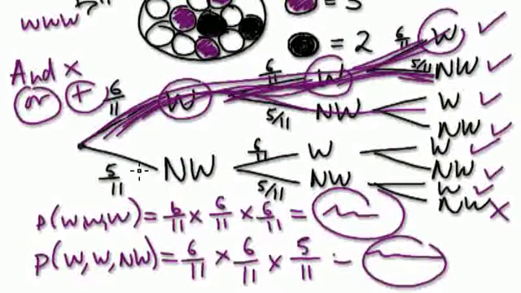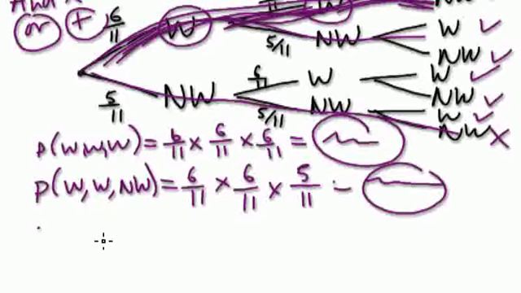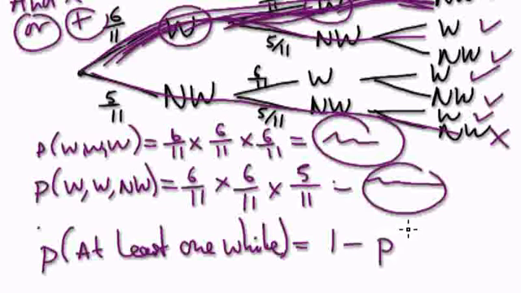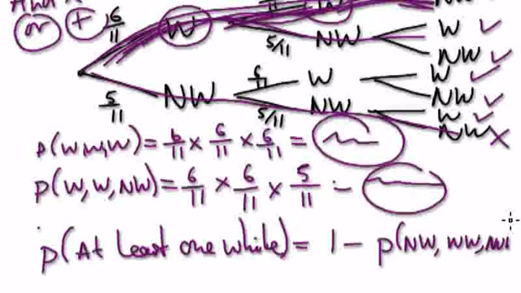But rather than doing that, because I know that the only bad one is not white, not white, not white, and I know that if you add up all the branches, it must come to 1. So I'm just going to work out the probability of at least one white equals, well, I'm just going to do this: 1 take away the probability of not white, not white, and not white.